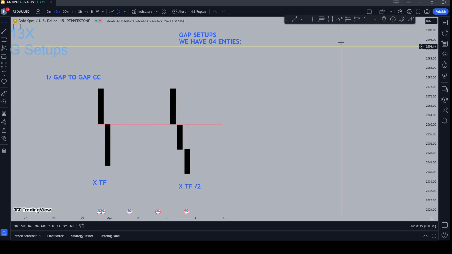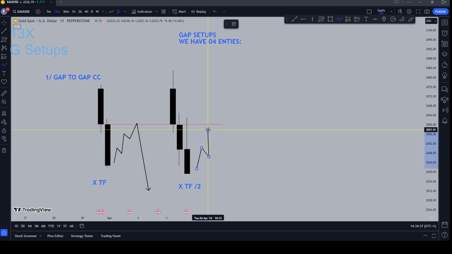Whenever you find this combination, price is going to reach that level and go down. You can instant sell here once price reaches that level. Same thing here. That's what price will do.